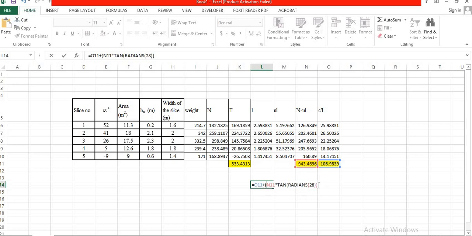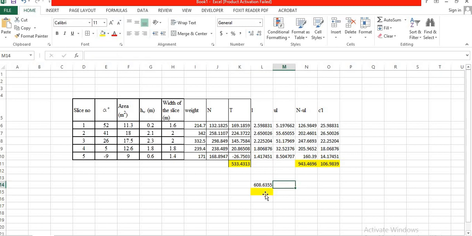This part is separate. That is the top part, and the bottom part is this sigma t, right? So factor of safety should be this divided by this. So you can see we obtain 1.14, quite a low value of factor of safety, right, for this scenario.